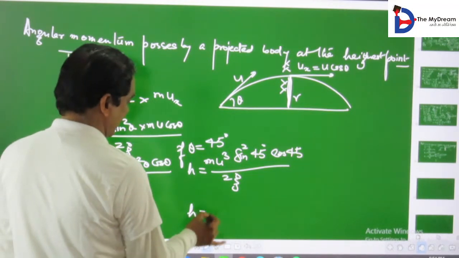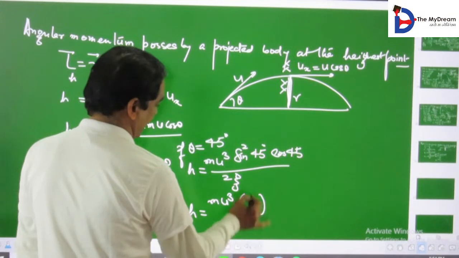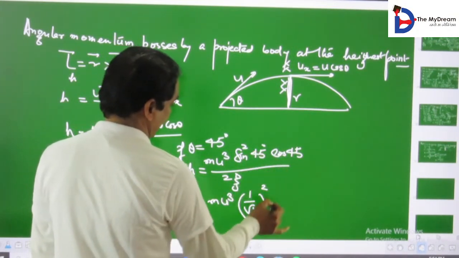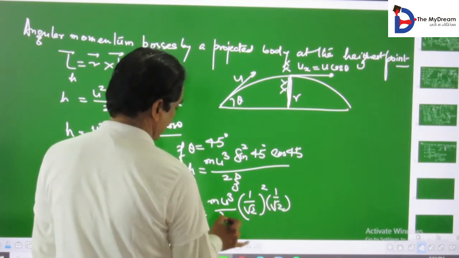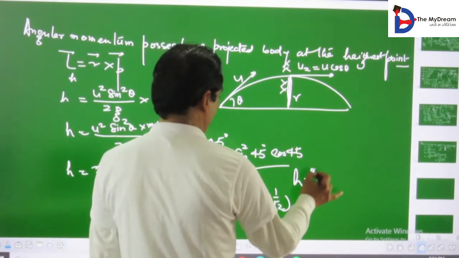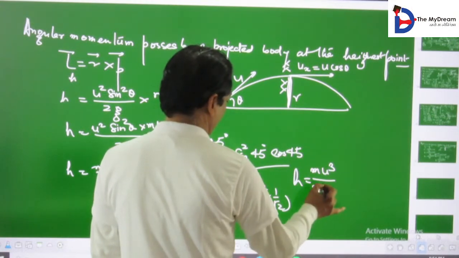So it is mu cube, sin 45 is 1 upon root 2, there is a square. Then you will get mu cube upon 4 root 2 g.